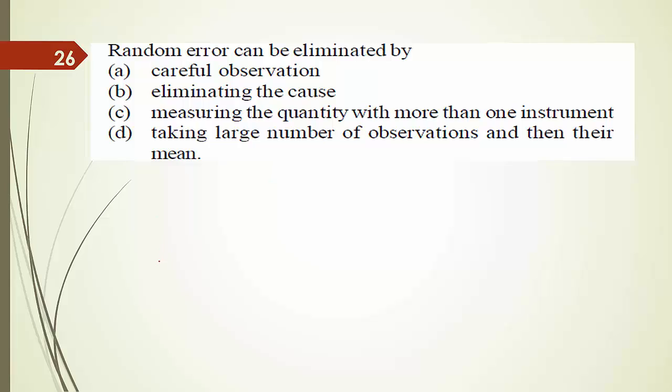So we know that random errors can be minimized by repeating the observations a number of times. And at last we can take the arithmetic mean of all the observations. For example, A bar equals A1 plus A2 plus A3 and so on up to n number of times, divided by n.